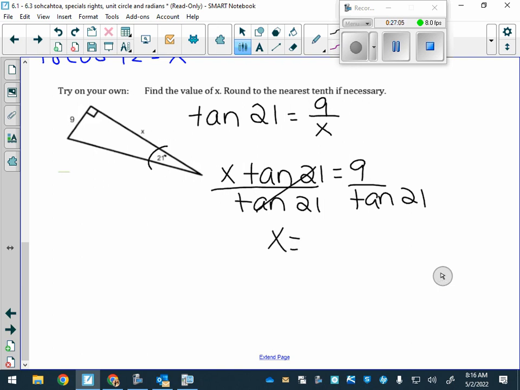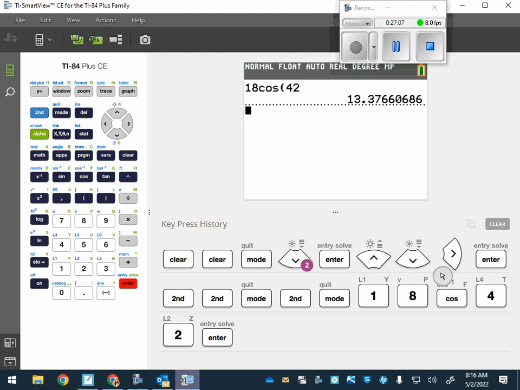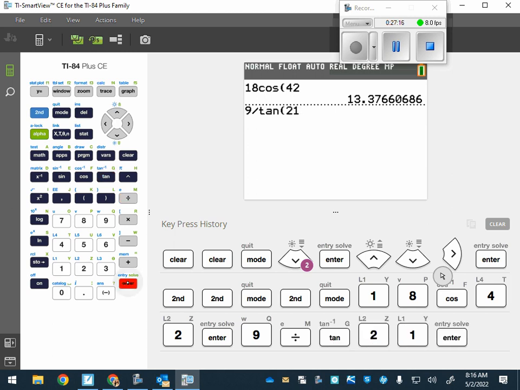Okay? So in our calculator, 9 divided by tangent, it's right here, 21. Should get 23.4. Everyone good?